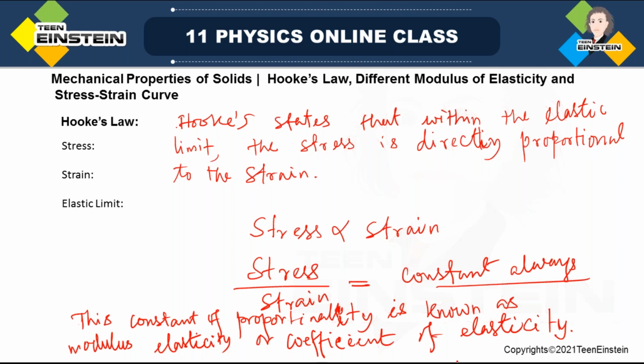So I hope you have understood that Hooke's law states that within the elastic limit the stress is directly proportional to the strain, and if you write in terms of equation, stress by strain will be equal to a constant, and that constant of proportionality is known as coefficient of elasticity or modulus of elasticity.